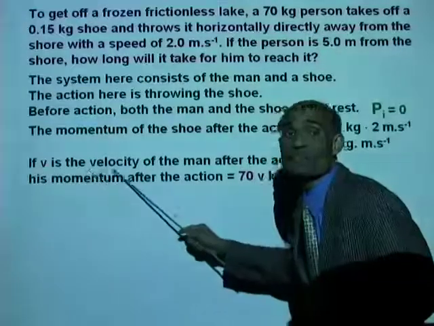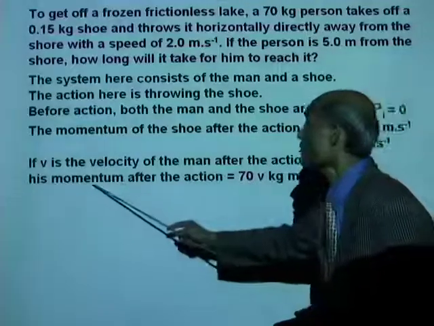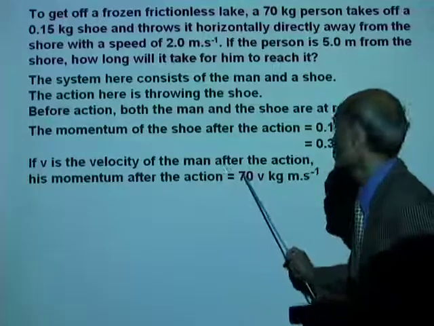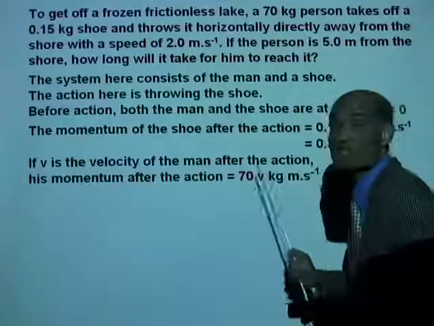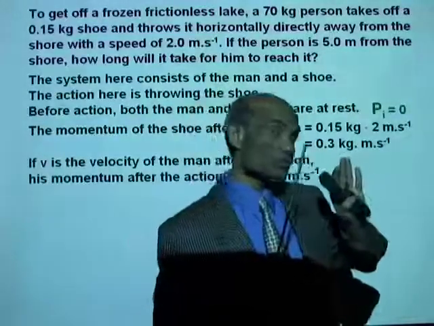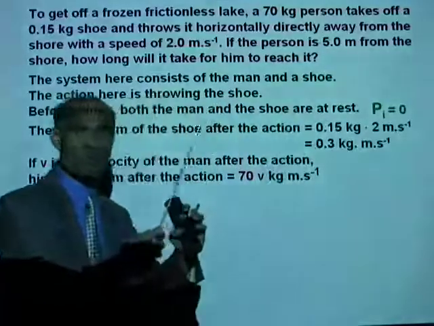If V is the velocity of the man after action, then what will be his momentum after the action? It will be his mass times his velocity. So the action is throwing the shoes, and after the action his momentum will be backward.